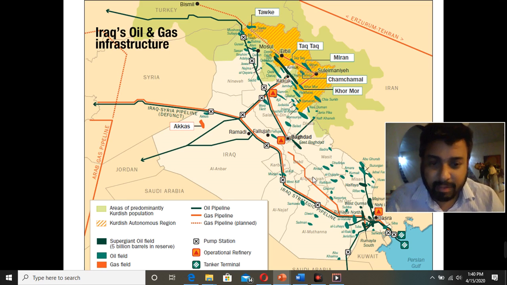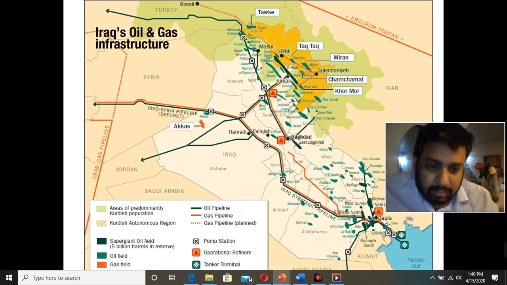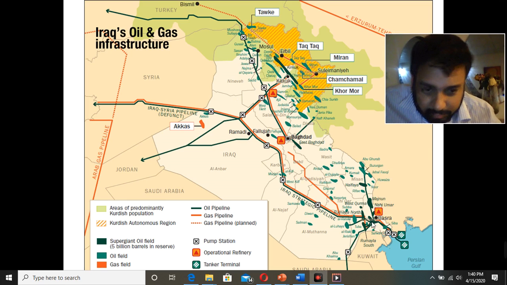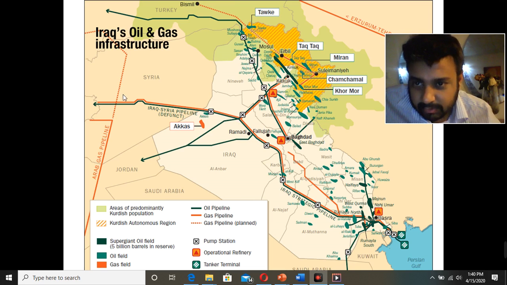Now, the strategic pipeline that we have from Basra: they want to send oil through Iraq and from Syria towards the European area. That was the strategic pipeline Iraq is working on right now.